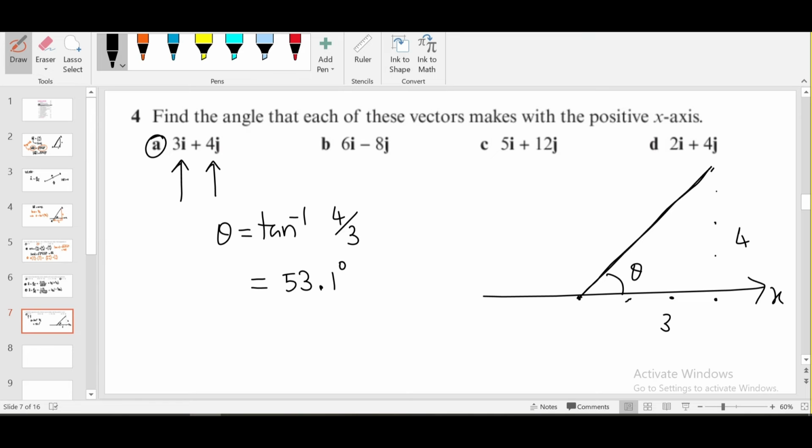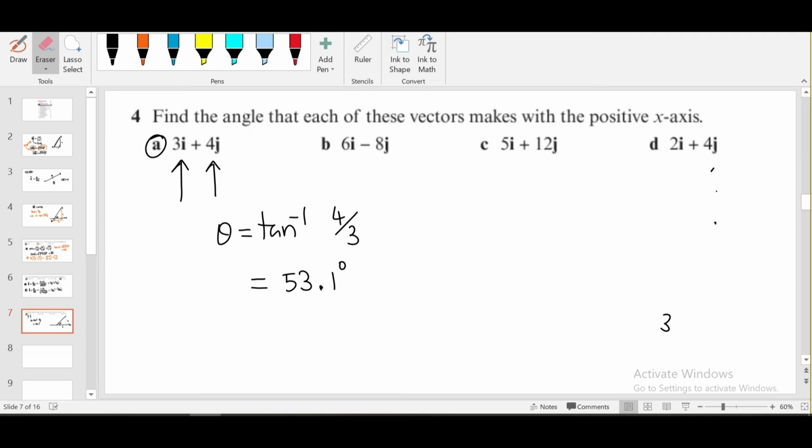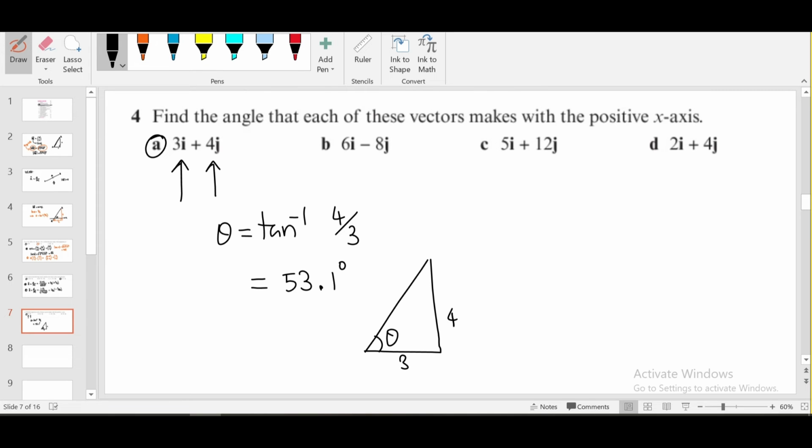I'm going to show you one more. Listen to me carefully now. For this one, you can just draw this figure. Theta is here, 3, 4, right? Look at the second one. 6 units to the right, 8 units below, right? So this is 6 and 8. In fact, take the length as positive 8, even though it's negative, okay? And the theta is here. Let's say this is your x-axis.